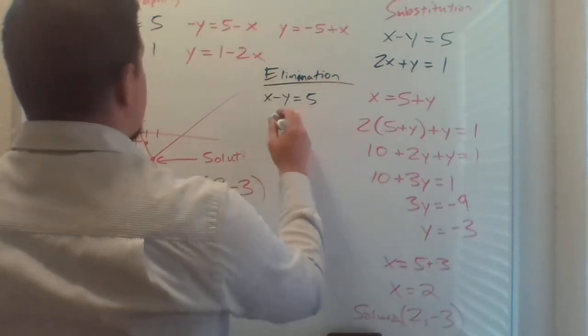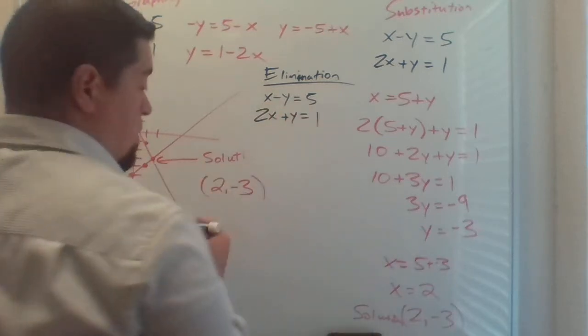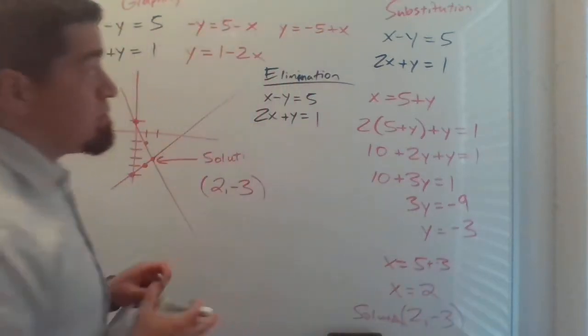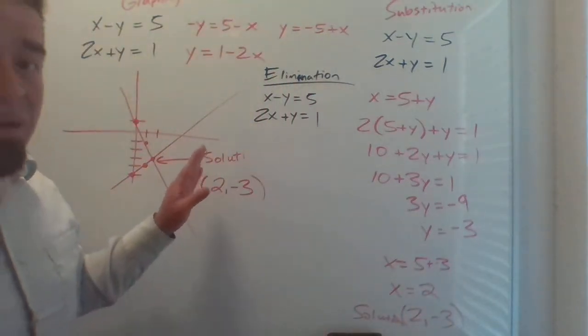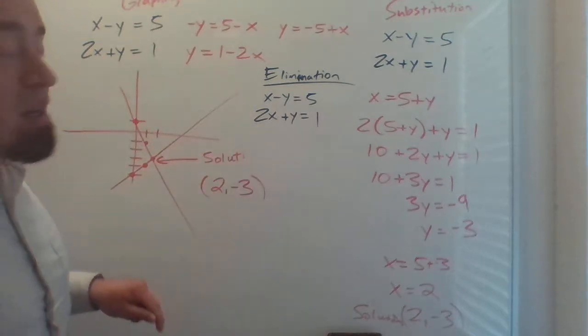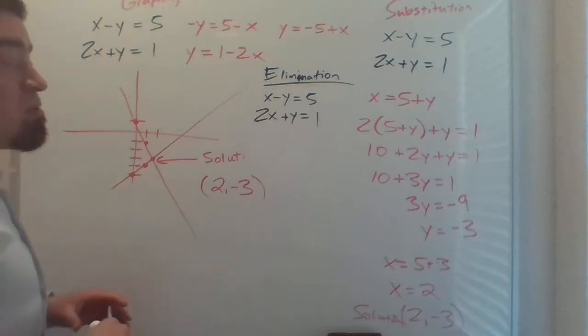Okay, so this is the method of using elimination. Now, on this method, what you would do is you can actually add equations, or subtract equations, and even multiply equations, and even divide equations.